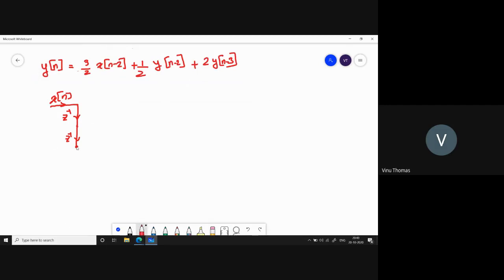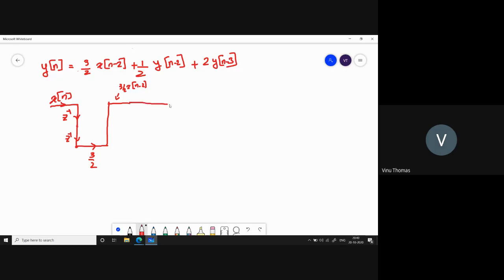What should this element be? What is the value here? 3 by 2, right? So what you have here is 3 by 2 x(n minus 2). You implemented the numerator part.